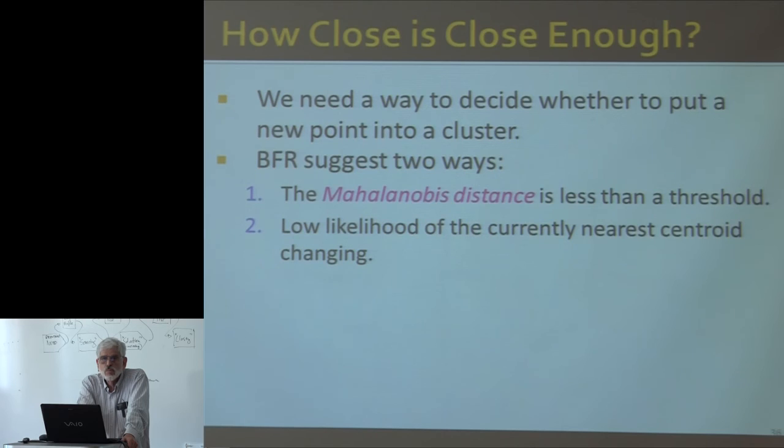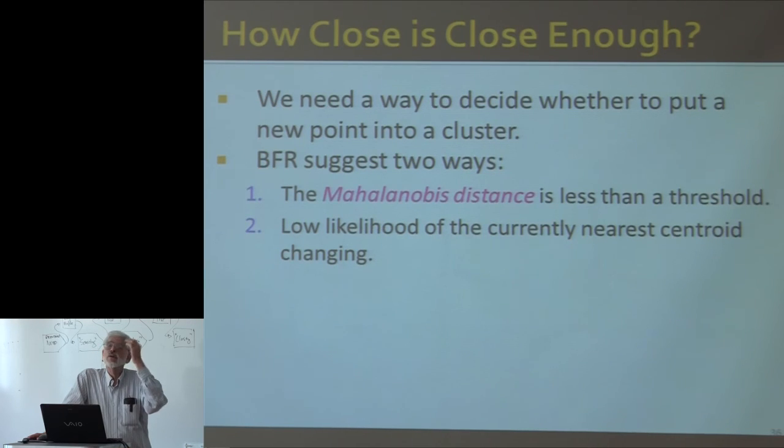You know how many points are going to be assigned to a cluster roughly. So I take a look at a point. It may be very far from many clusters, but it may be a little closer to one cluster than all the others.